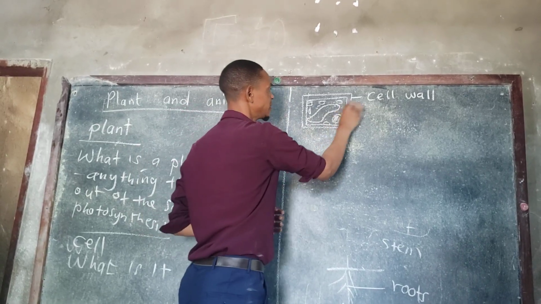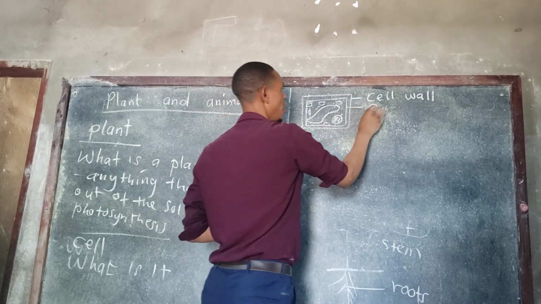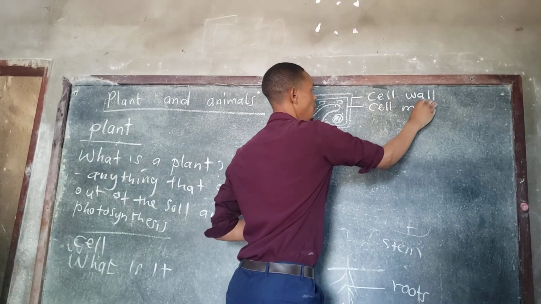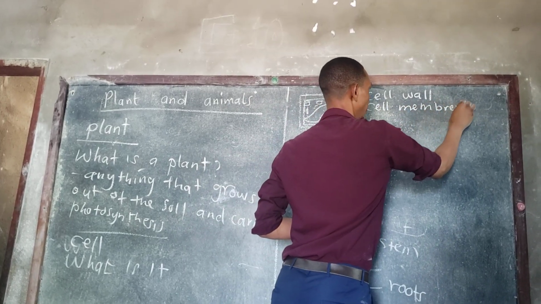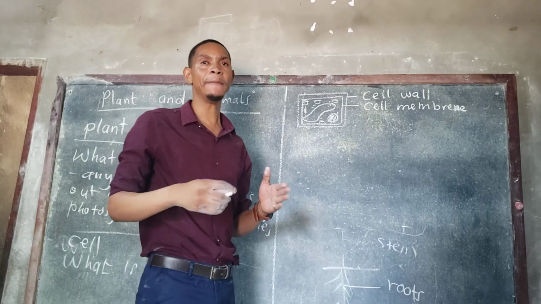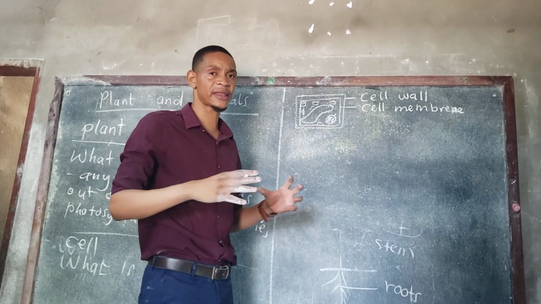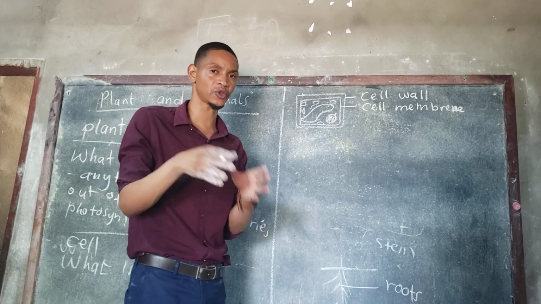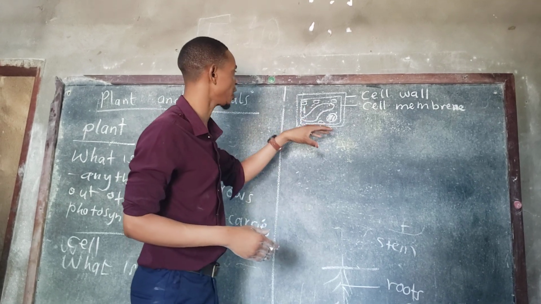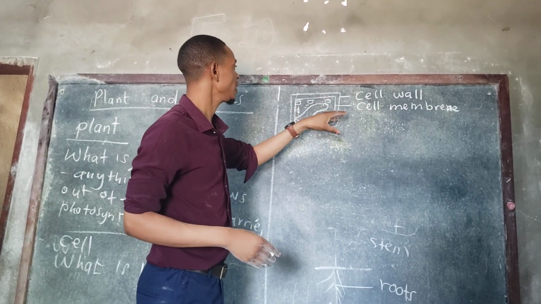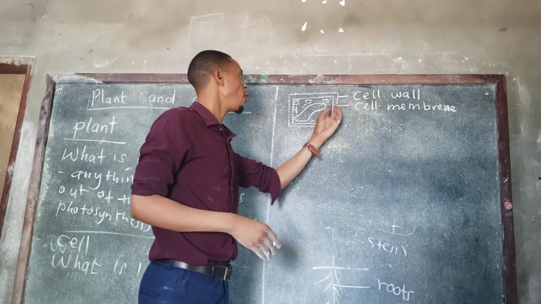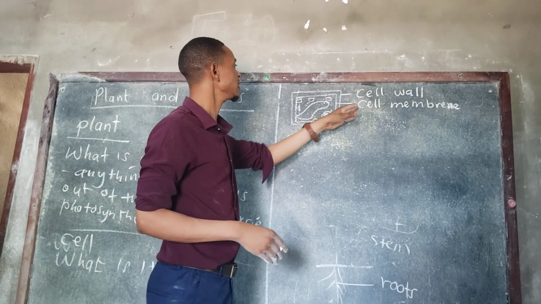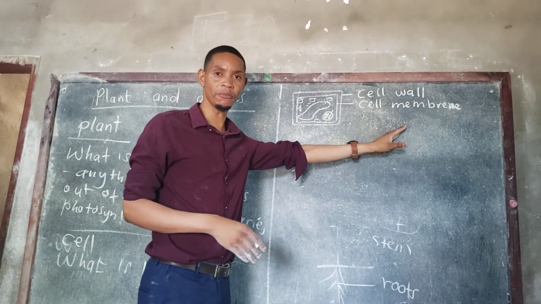Then I have the second structure, called the cell membrane. The cell membrane is a permeable structure that contains the cytoplasm and the organelles that float on the cytoplasm. It is the structure that comes next to the cell wall.